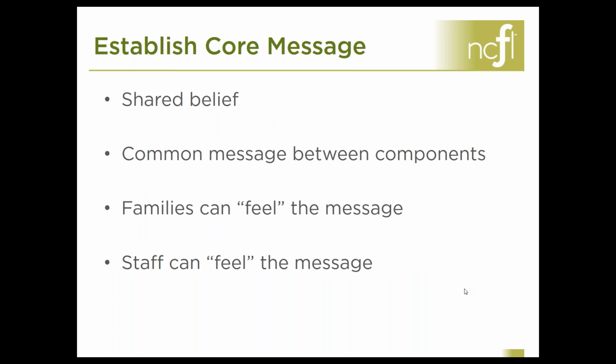All right, moving on to establishing core messages. So again, going back to what we were just talking about on the previous slides, having that shared belief, having the story ready to go with how you're going to share that message, the common message between the components, looking at each of the components and seeing how it's impacting each family. How is adult skill building helping to influence child's early development?